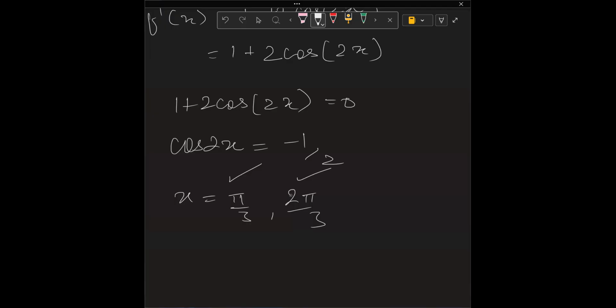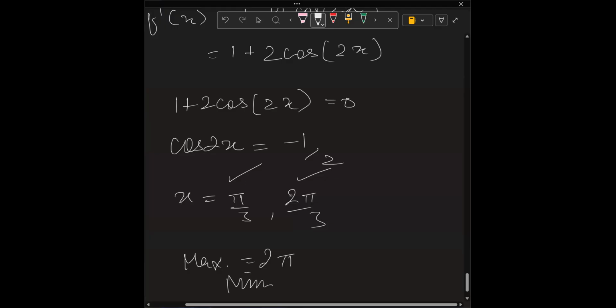When you evaluate at these two points, you will get the maximum value 2 pi and the minimum value 0. So at a particular x you will get maxima, that is 2 pi. Obviously 2 pi is the maxima because it is greater than 0. So your maximum value is 2 pi and your minimum value is 0.